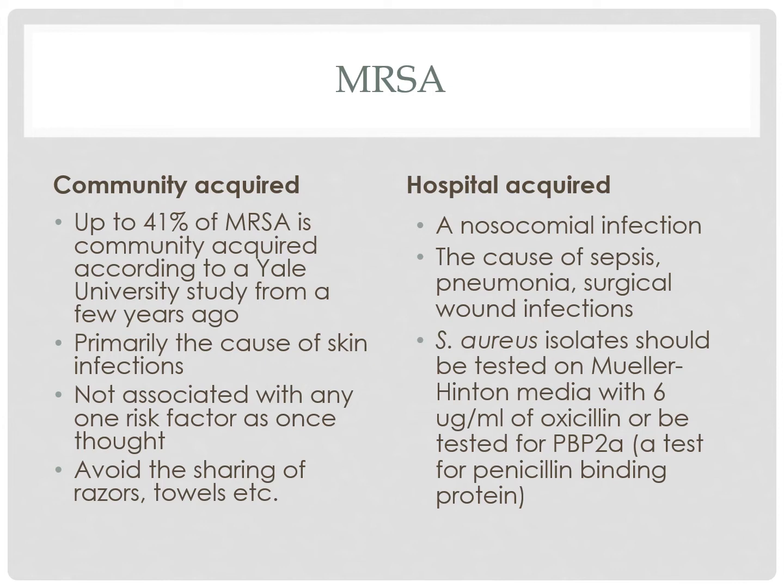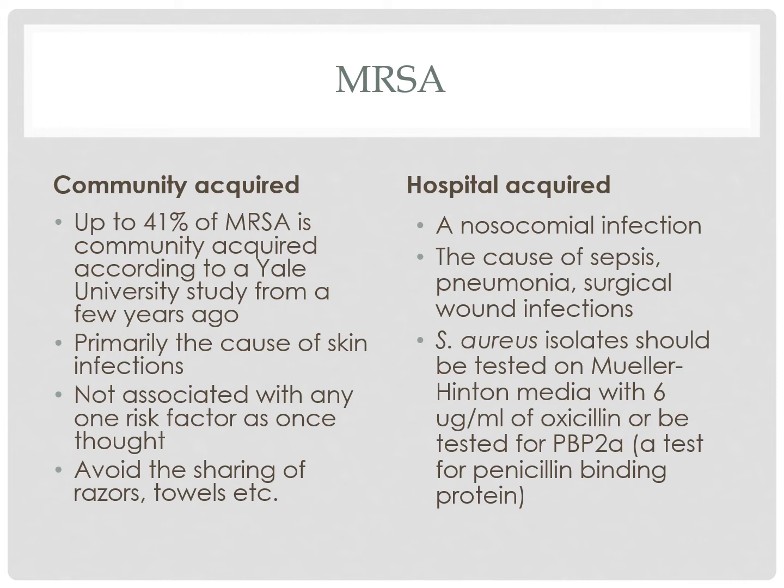They can be a primary cause of skin infections, and they're not associated with any one risk factor as once thought. One way that you can prevent the spread of MRSA in a community is to avoid sharing things like towels and razors. Like I said, the hospital-acquired MRSA can happen about 14% of the time.